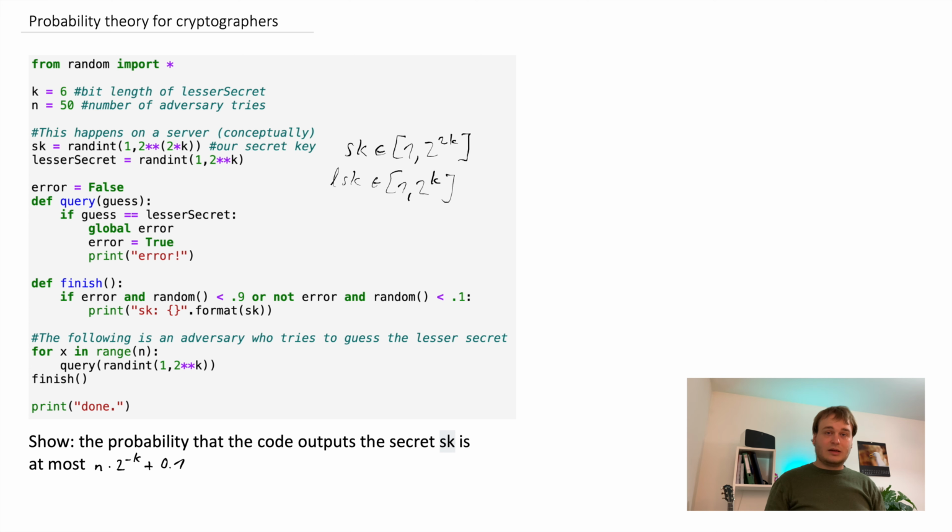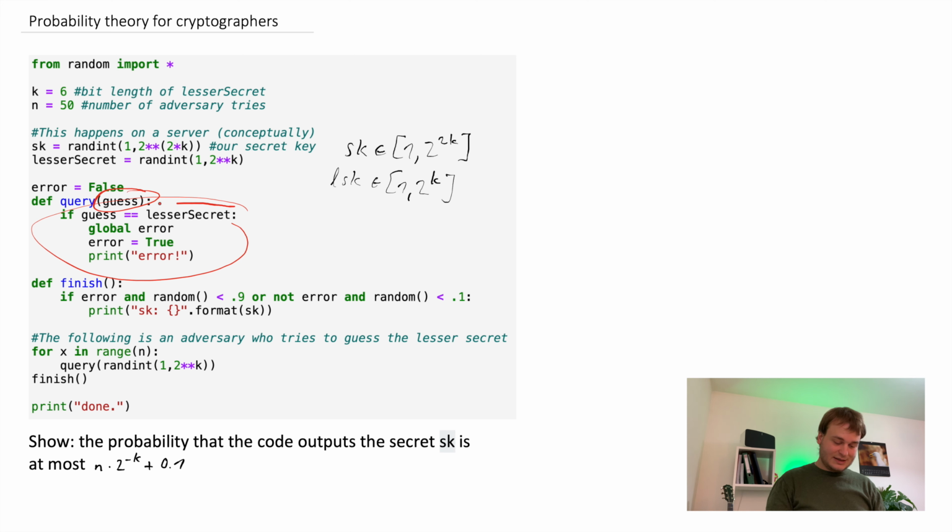Okay, and then the following will happen in this piece of code. We have an error that initially is false. Then we have a query phase over here. Basically, the idea is that this runs on some sort of server, and we have an adversary that may be able to query this server multiple times. Whenever he queries it, he submits a guess.